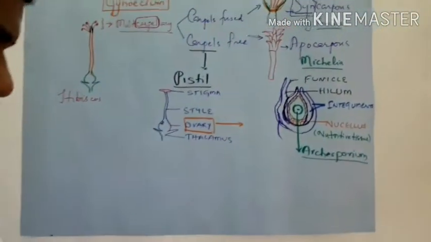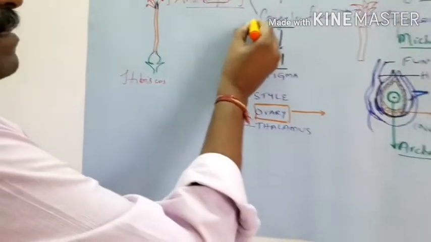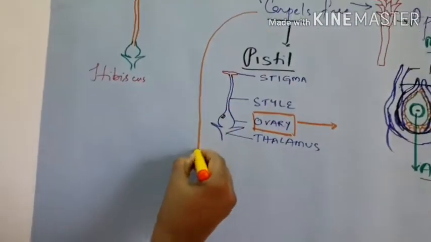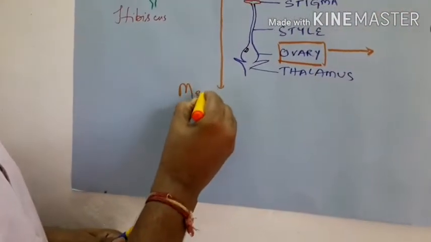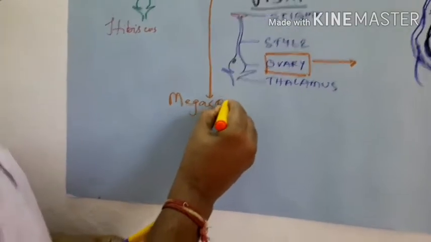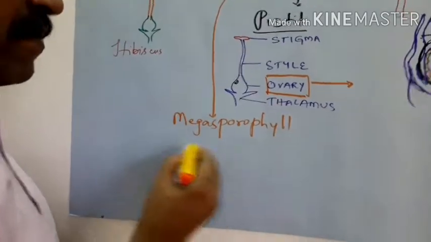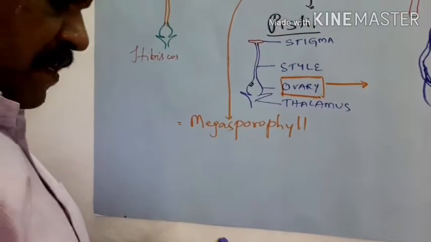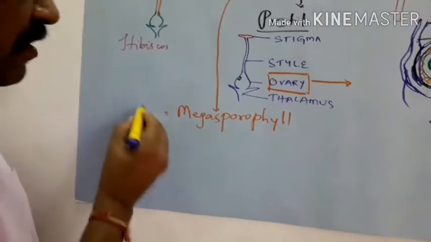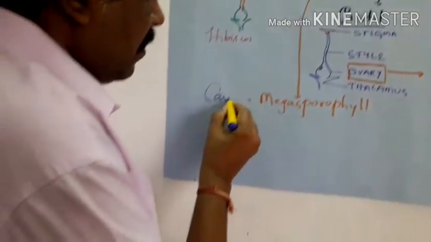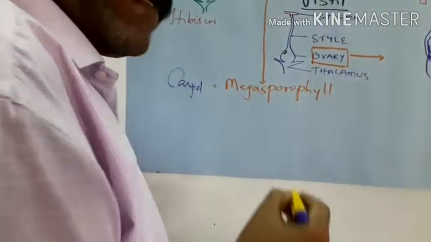So what is the name that you give for this carpel? This carpel is now known as megasporophyll. Are you getting the point, children? I'll use a different color here for clear understanding. So carpel is known as the megasporophyll.